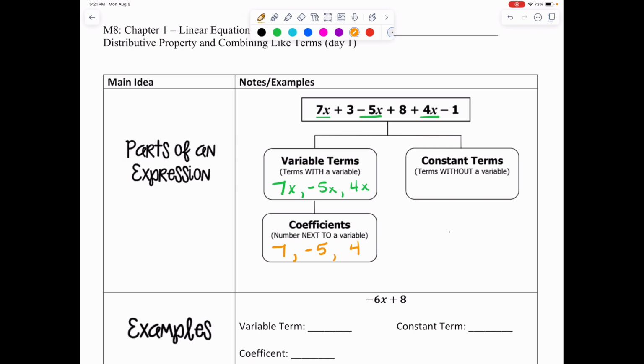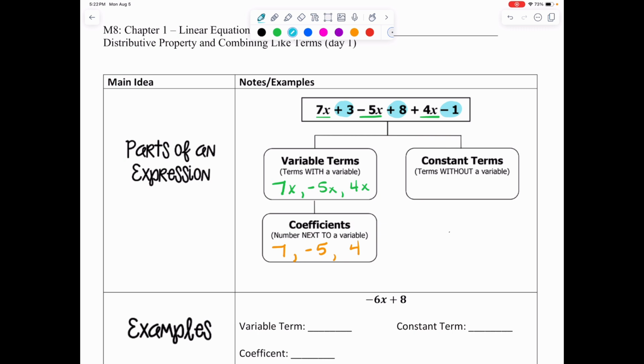Now on the other side, branching off from the same expression, we have constant terms. These are terms without a variable. So these are things that are all alone. I'm going to mark everything that doesn't have a variable next to it. That would be plus 3, plus 8, minus 1. We're going to think of those signs as positives and negatives.